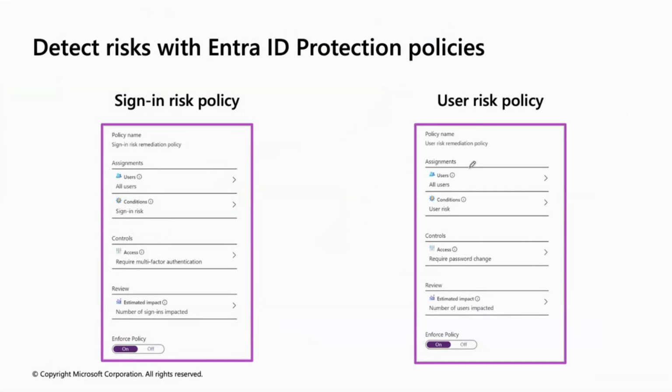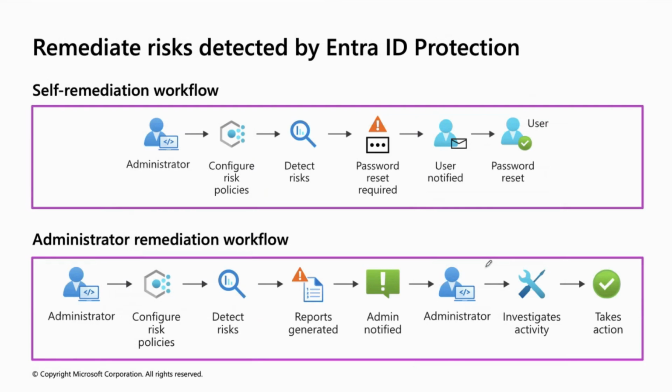You just need to remember, when it is a sign-in risk policy, the user will be asked for multi-factor. If it is user risk, it requires password change. These risks can also be managed via admin if you do not want to automate it.